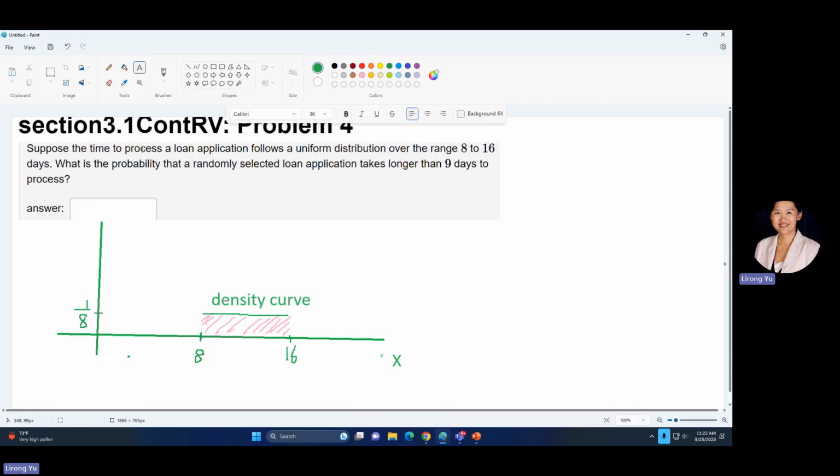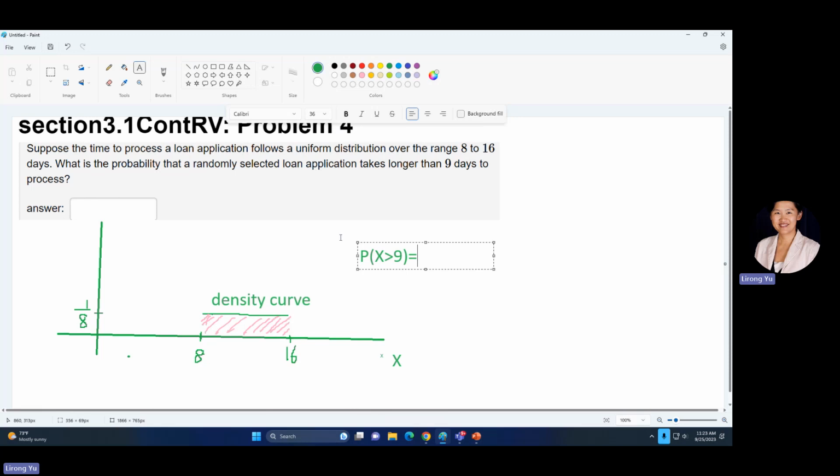So we're trying to find P of X higher than 9. You can write higher or equal, having it equal or not. For a continuous distribution, it's the same thing because X equal to 9 has a probability of 0. So we don't have to write an equal sign there.